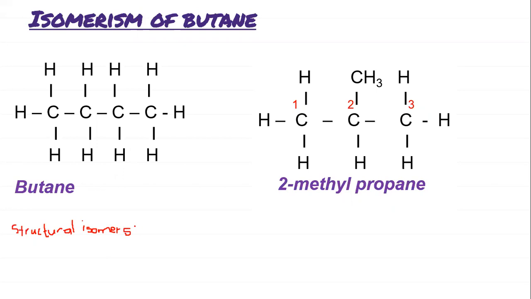In other words, when you look at isomers, you are looking for molecules that have the same molecular formula, but their structures must have different structural formulae.